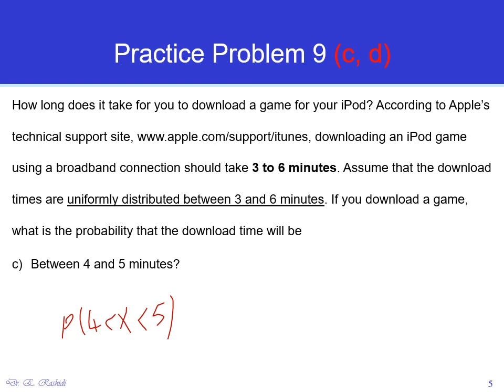But you don't really need to, because you can imagine it would be a rectangle with a height of 1 over 3 and a base of 5 minus 4, which is 1. So again, that's 33%.